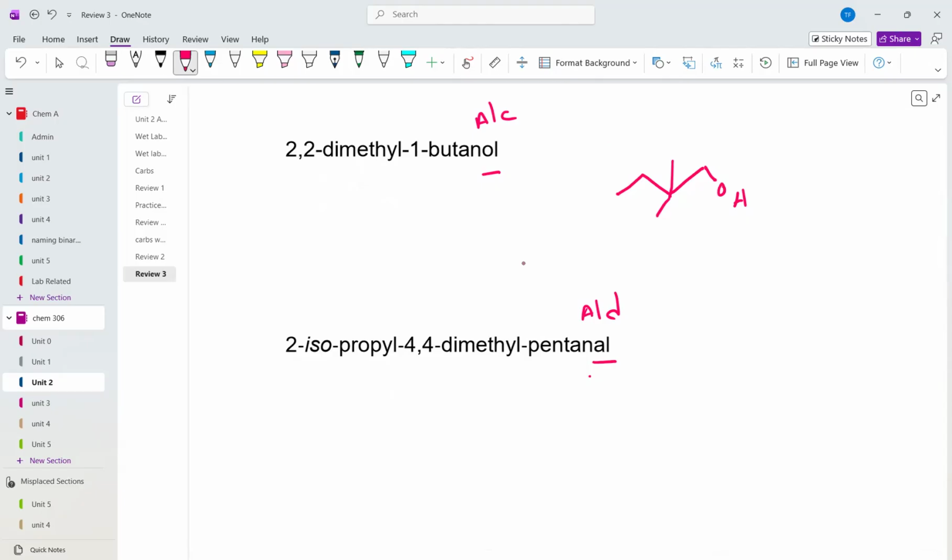Pentanal, 5-carbon aldehyde. Carbon number 2 is isopropanol. And then 3, 4 are 2 methyl groups.